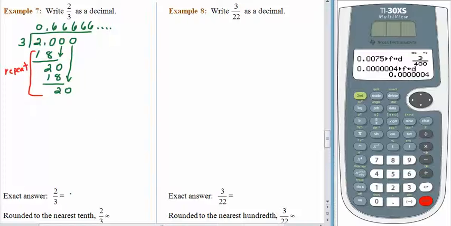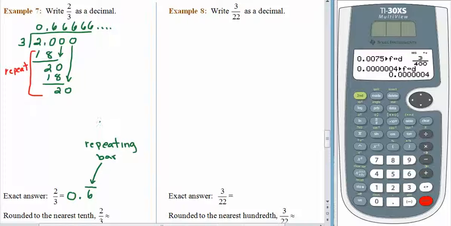What we do is use a repeating bar. So we have 0.6 and we put a bar over the 6. That's called the repeating bar, to tell people that the portion that the bar is over repeats forever and ever.